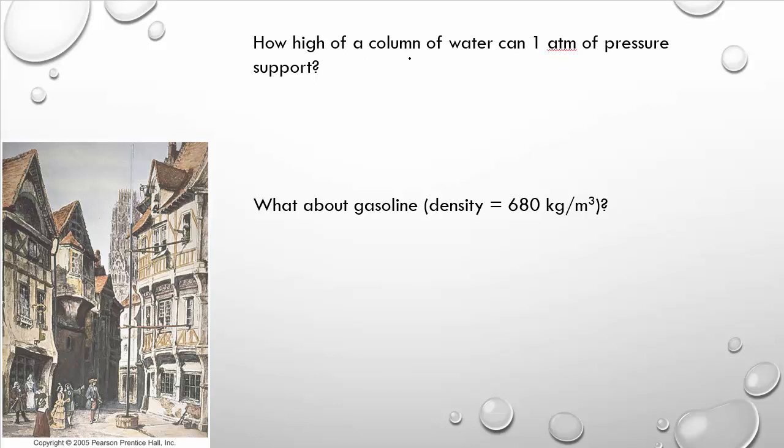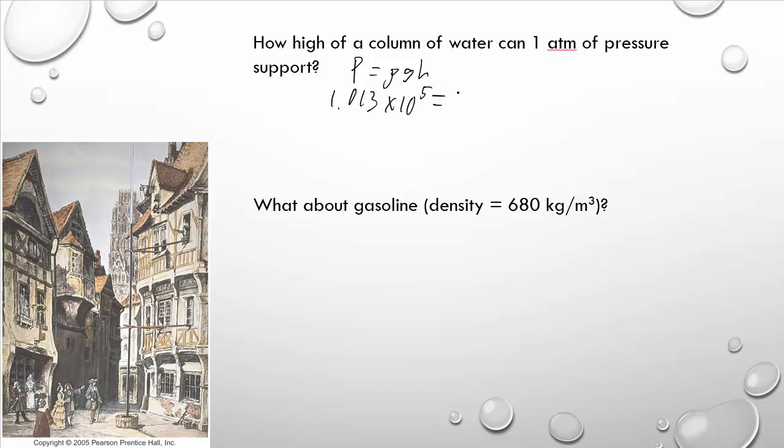So we've got a column of water, and how high can that be with 1 atmosphere of pressure? Well, if I think about it, the pressure is 0 here at the top and 1 atmosphere at the bottom, so I can just use P equals rho g h. Anyway, that pressure at the bottom is under a height of h, so we can just plug in what we know: 1 atmosphere for pressure, which is 1.013 times 10 to the 5th newtons per square meter.